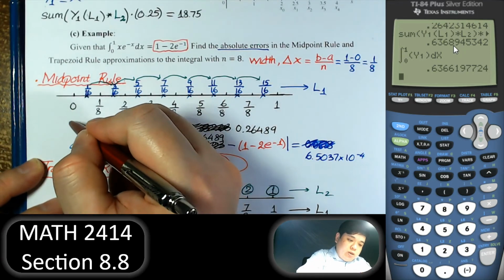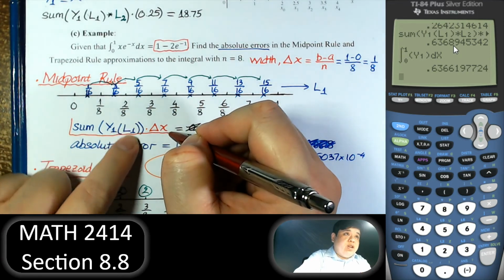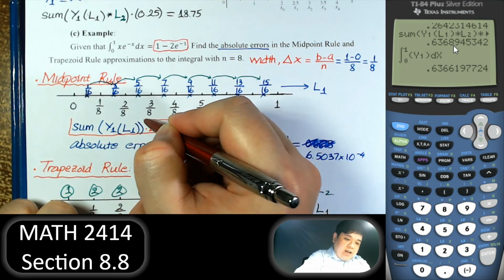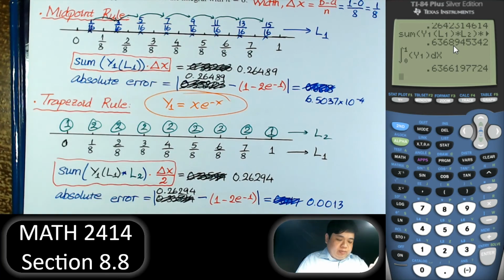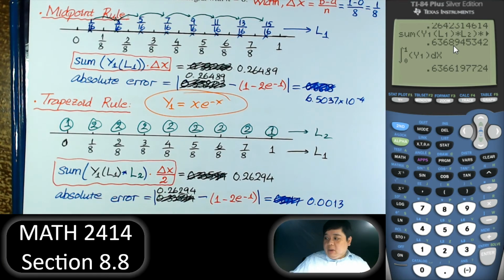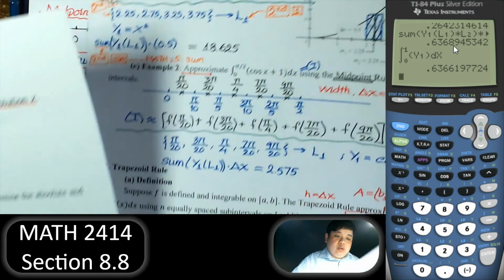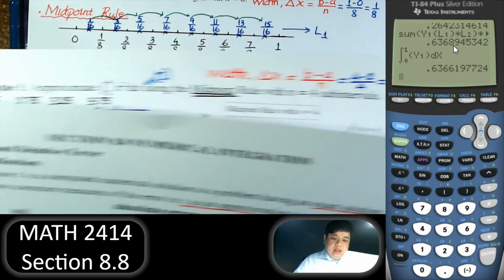For the midpoint rule, all the coefficients are 1, so we just have that, and multiply by delta x. So midpoint rule, delta x; trapezoid, delta x divided by 2; Simpson's rule, delta x divided by 3.